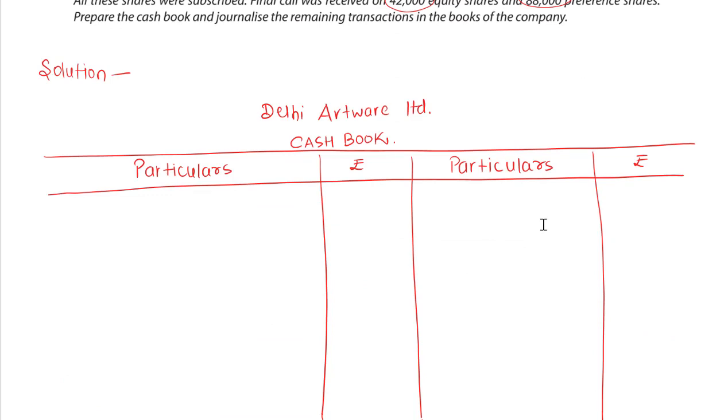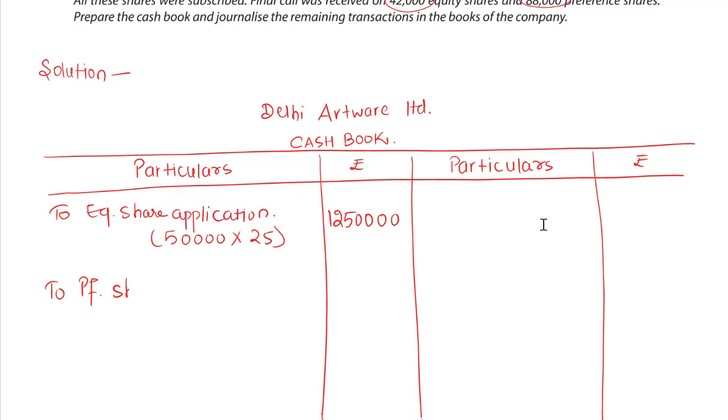Put the entry in the cash book: to equity share application, 50,000 into 25, 12 lakh 50,000, to preference share application, one lakh into 20, 20 lakhs. I believe you understood.